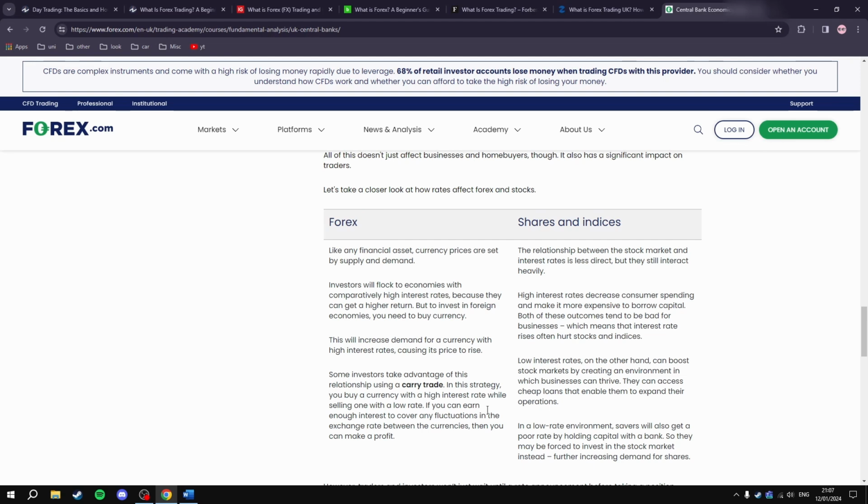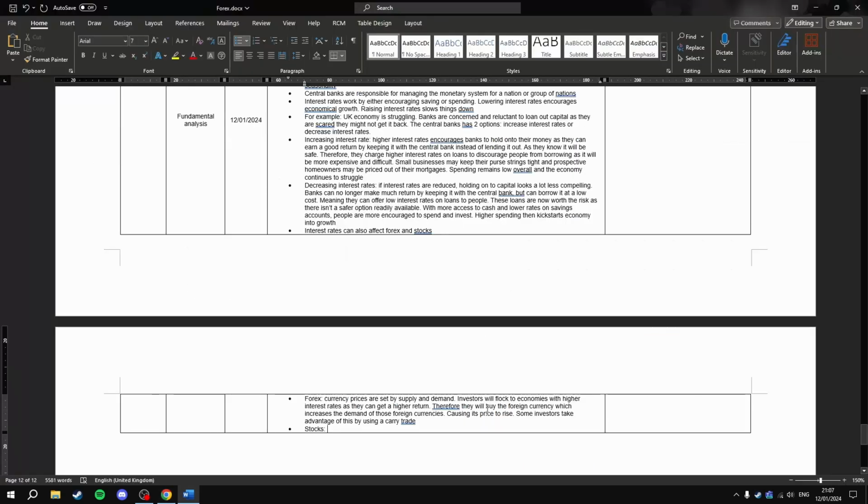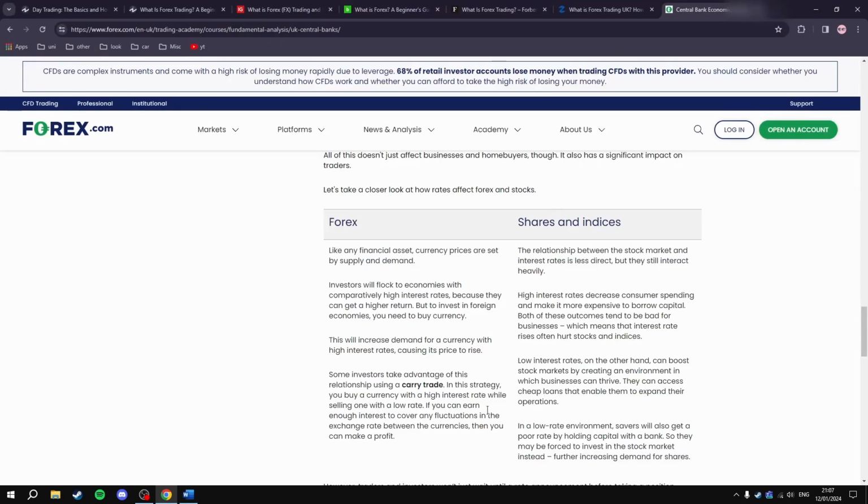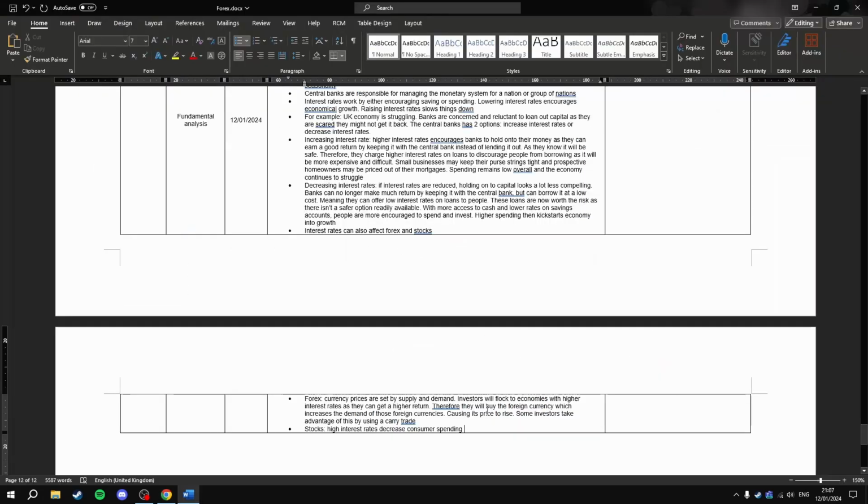High interest rates decrease consumer spending and make it more expensive to borrow capital.